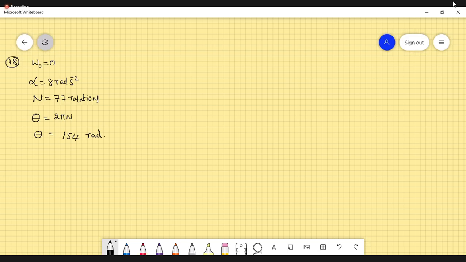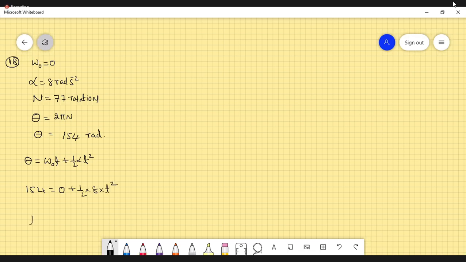Initial angular velocity, acceleration, displacement are known, then you have to find the time. So theta equals omega naught t plus 1 by 2 alpha t square. From this find t. Theta is 154 pi, omega naught is 0, plus 1 by 2 into alpha, which is 8, into t square.